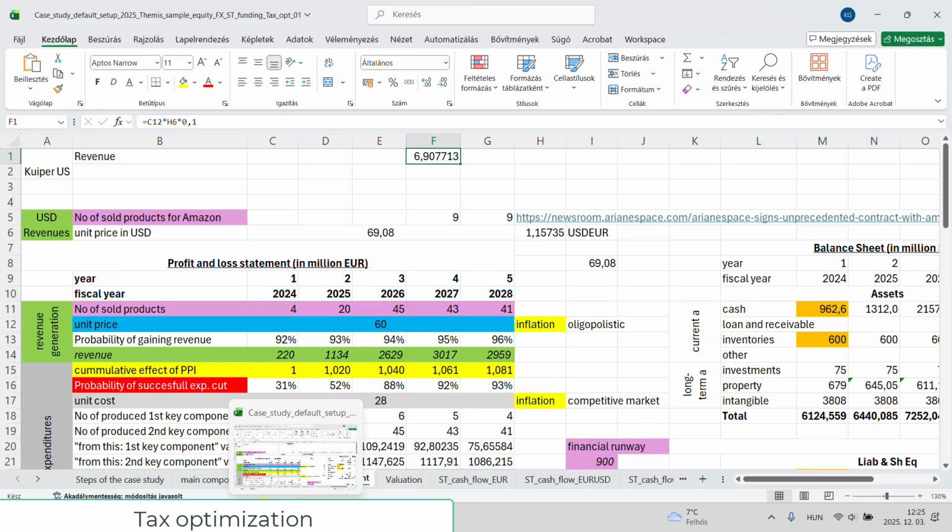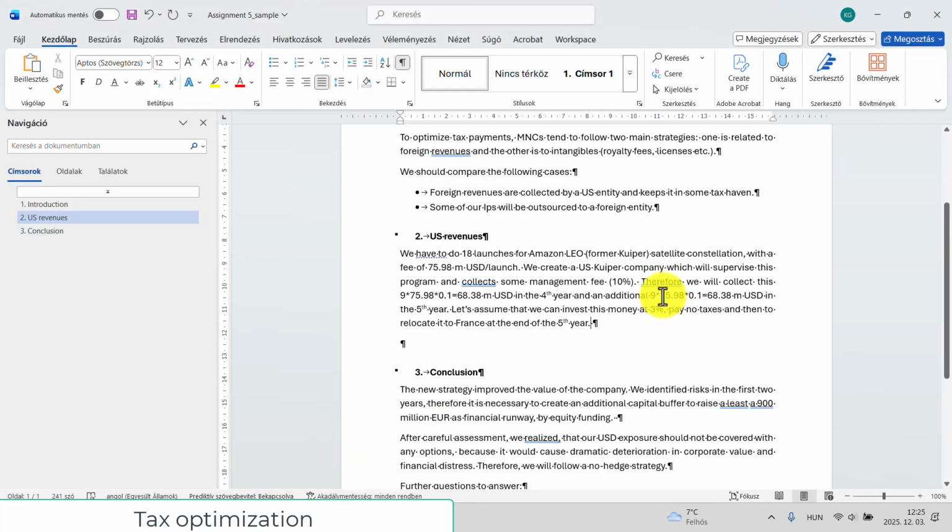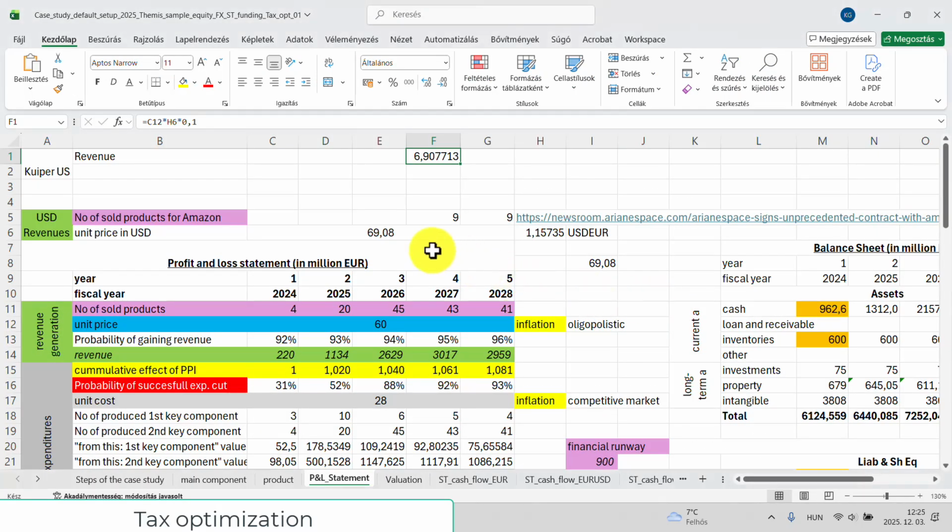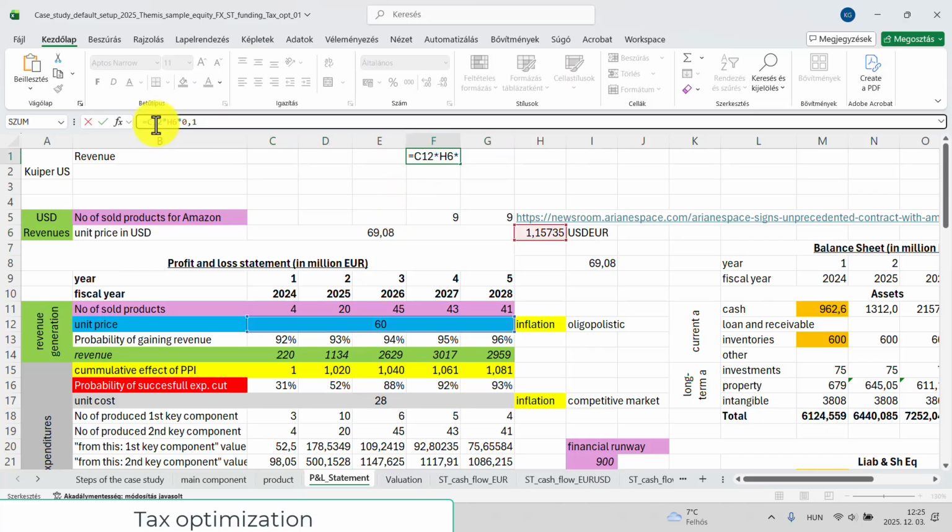Now this number is smaller than it was written here. How did we achieve this? Okay, let's redo this one. This number multiplied by 0.1.